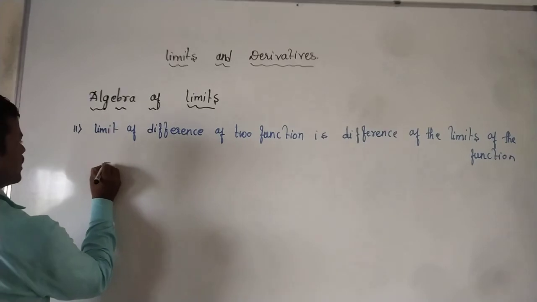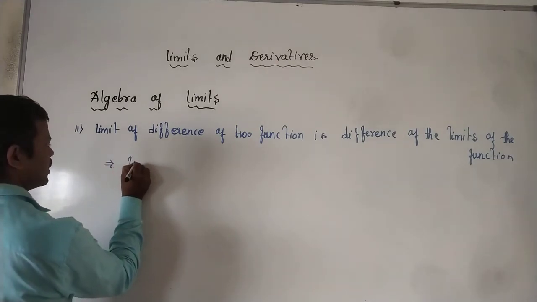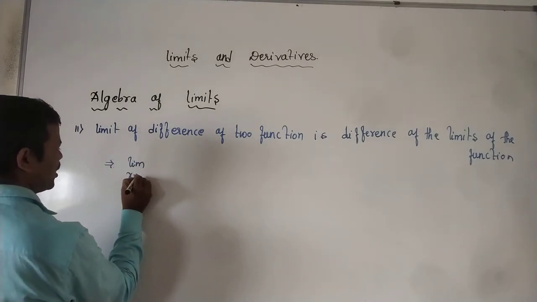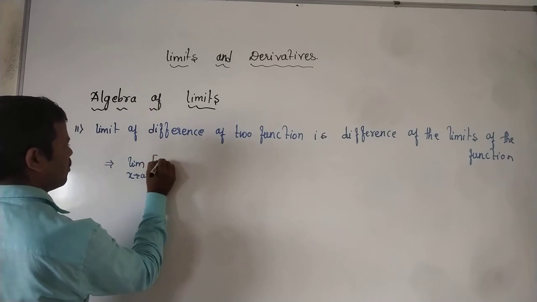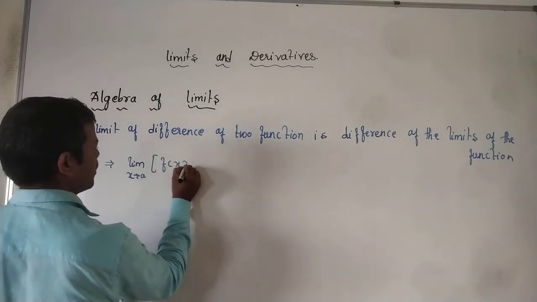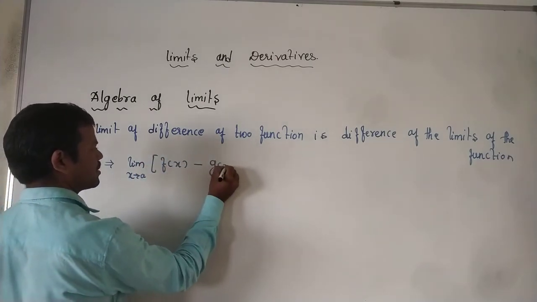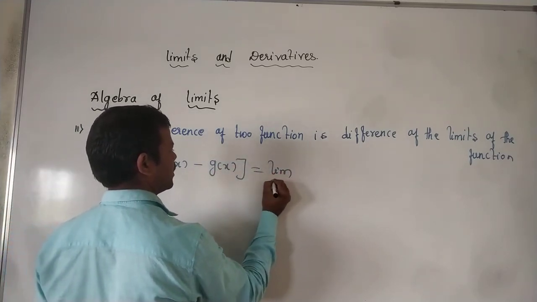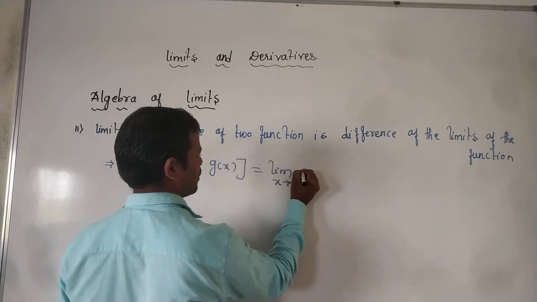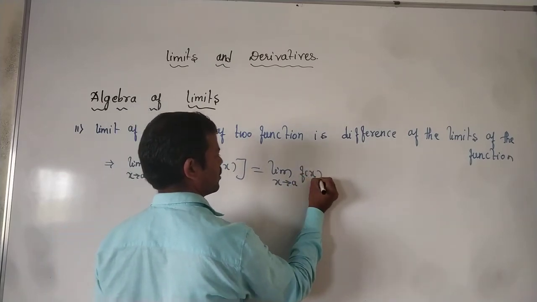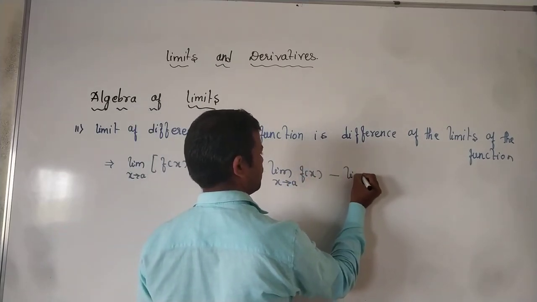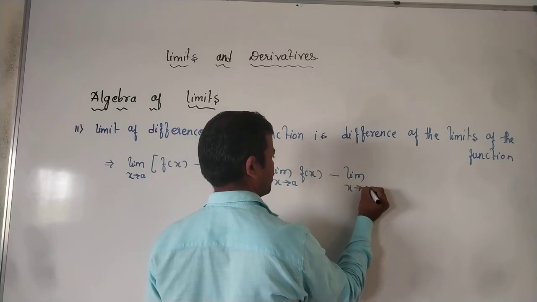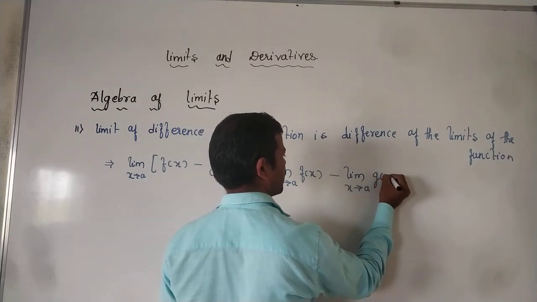So it implies that limit as x tends to a of f of x minus g of x is equal to limit as x tends to a of f of x minus limit as x tends to a of g of x.